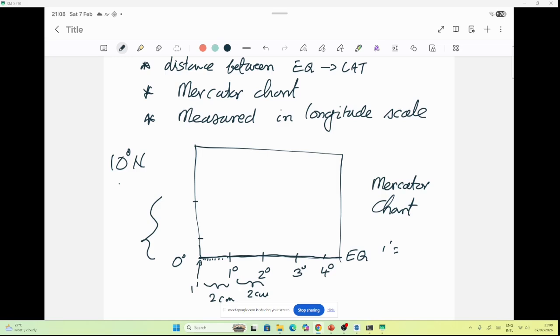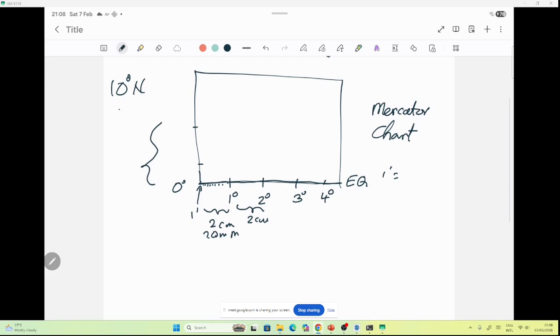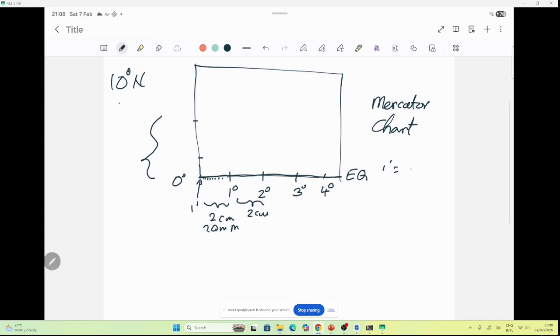So shall we convert it to millimeters? 2 centimeters is 20 millimeters. So how much? 1 minute will be equal to 0.33 millimeters, right? Isn't it?